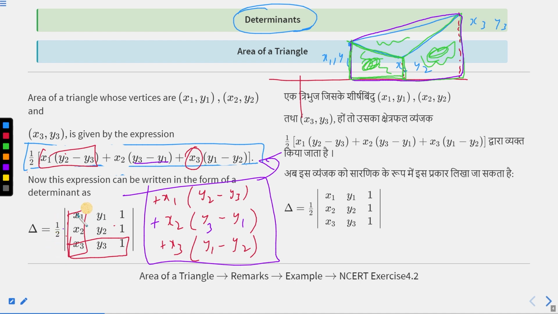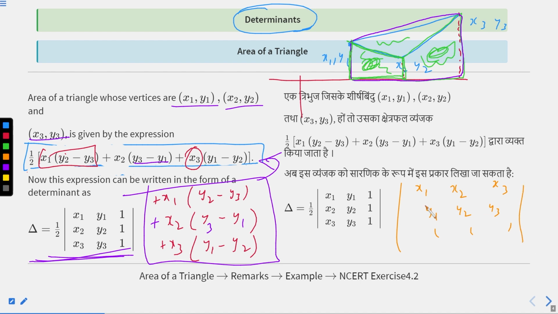Simple. So for finding the area of any given triangle, obviously we want to know the vertices. Then you can directly find your area by using the determinant method. Suppose we try to build another form. Suppose you write it like this: x1 x2 x3, y1 y2 y3, 1 1 1.